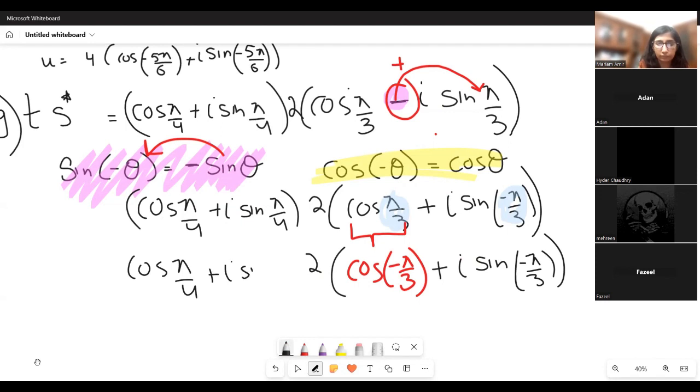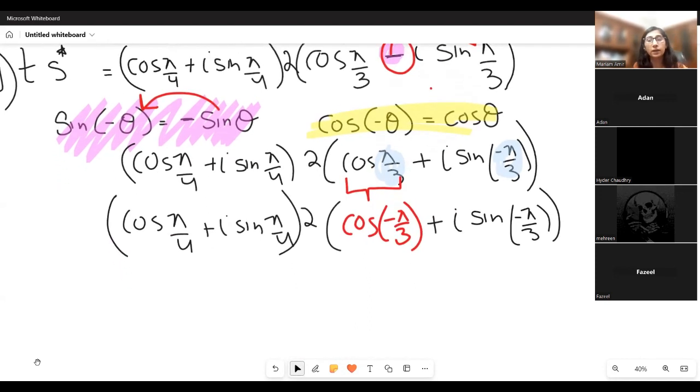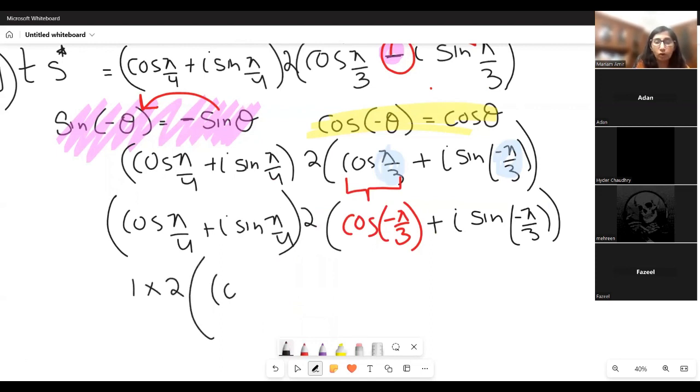Okay, now we can simply add the angles and multiply the r's. The first r is 1, the second r is 2. So 1 times 2, bracket cos, add the angles pi by 4 minus pi by 3, plus iota sine pi by 4 minus pi by 3.